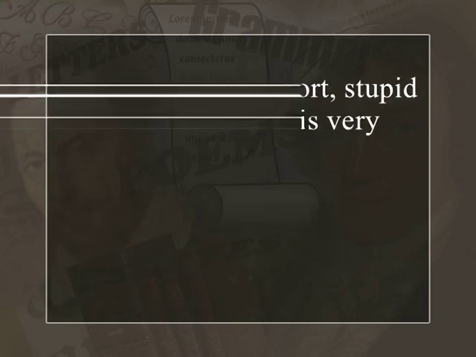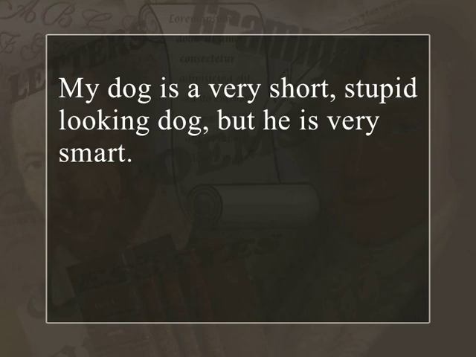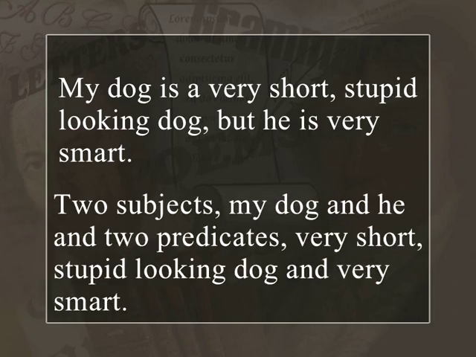Fourth, my dog is a very short, stupid-looking dog, but he is very smart. This sentence has two independent clauses which contain two subjects, my dog and he, and two predicates, very short, stupid-looking dog and very smart.